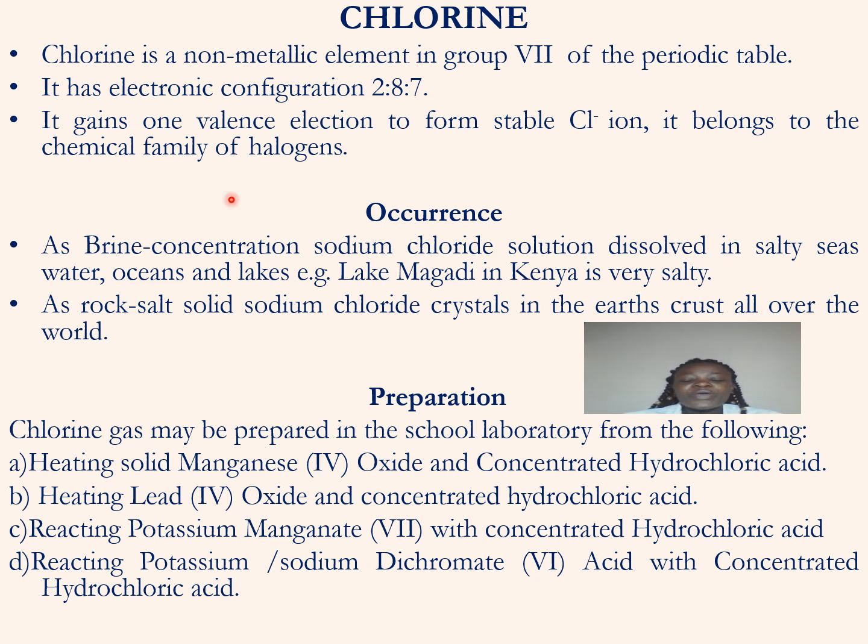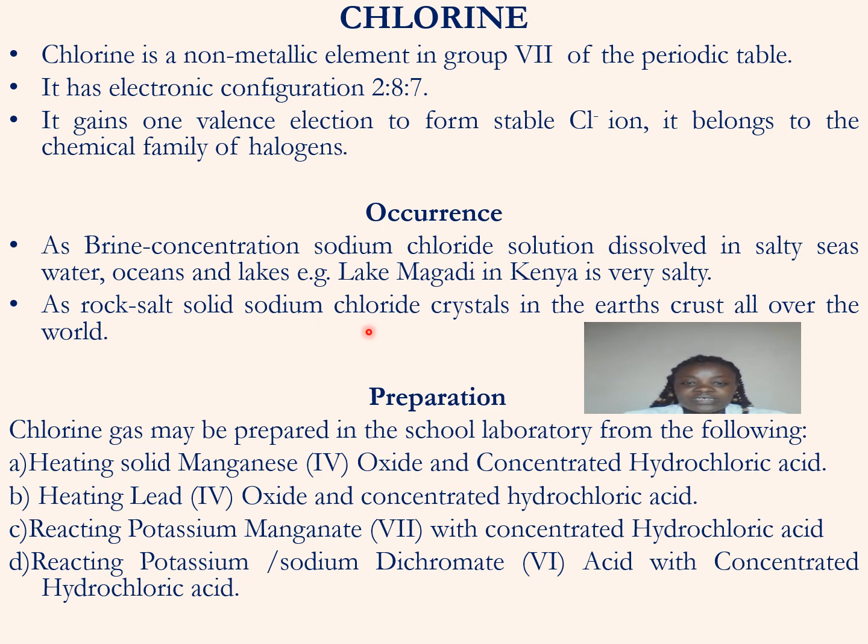Then where do we find chlorine, or where does it exist? It occurs in brine. Brine is a concentrated sodium chloride solution dissolved in salty water. Like Lake Magadi in Kenya, we have brine where we mine our salt.